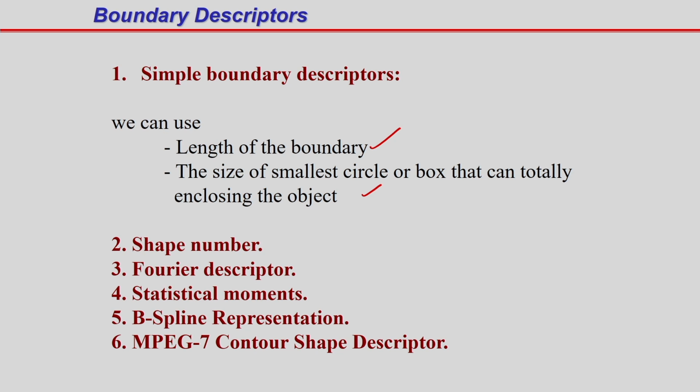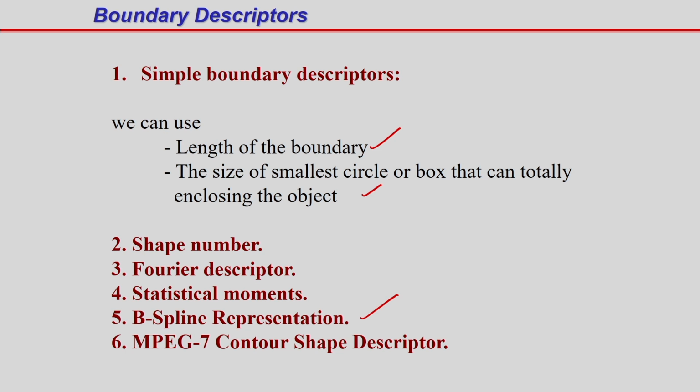Statistical moments I can also consider. The B-spline representation for boundary representation is also very important, and I am going to discuss B-spline representations. And one is the MPEG-7 contour shape descriptors. So by using these descriptors, I can represent a particular boundary present in an image.